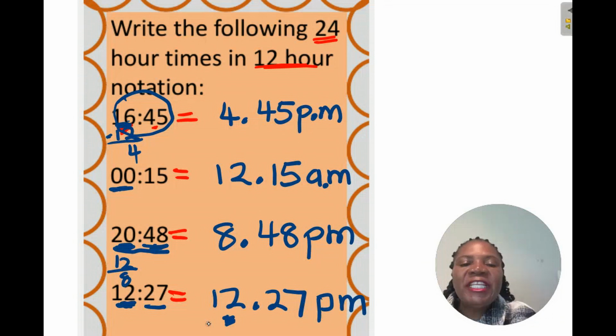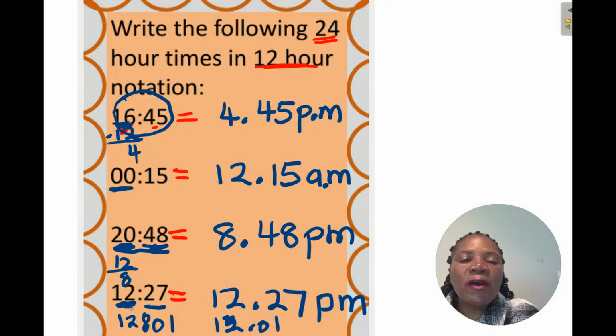You also need to remember that the time that we have from a minute past 12, like 12:01, a minute past 12, in the 24-hour notation and also in the 12-hour notation, the same figures will come.